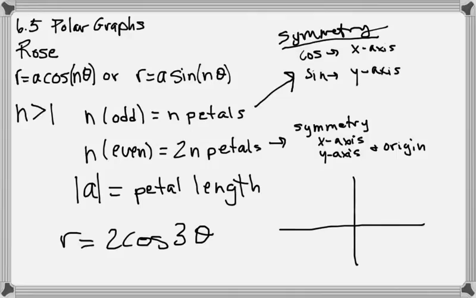Well, let me just ask you some details first. How long are the petal lengths? They're going to be 2 units long. How many petals am I going to have? 3.